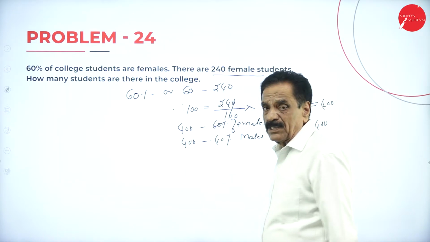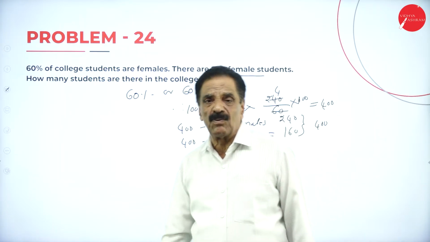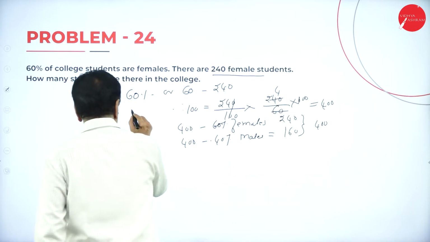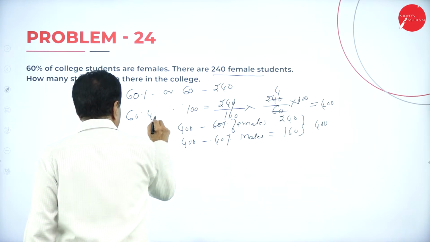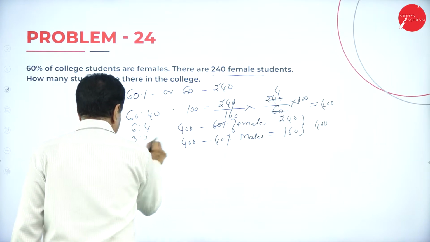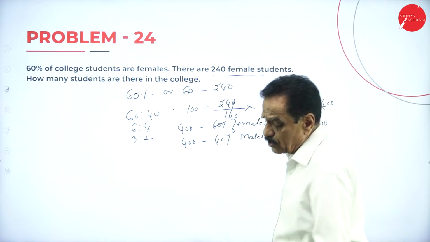Another 40% should be males, that is 160. Totally it comes to 400. I think you understand. They are in the ratio of 60 to 40, that is 6 to 4, or 3 to 2. We'll move on to the next one.